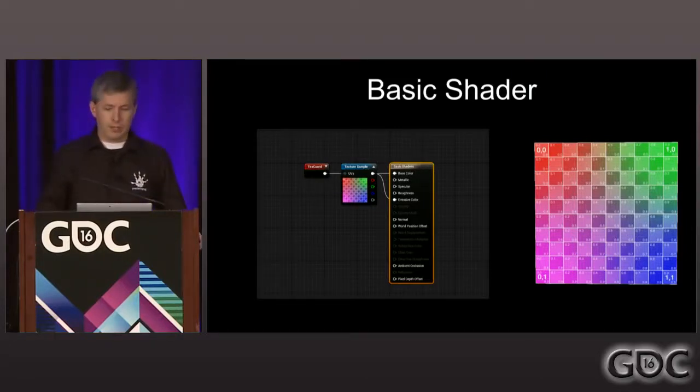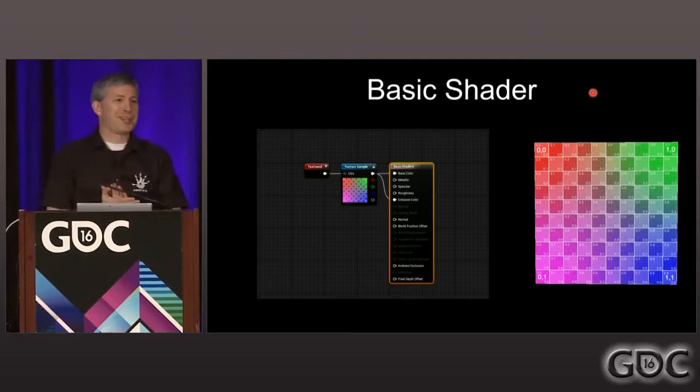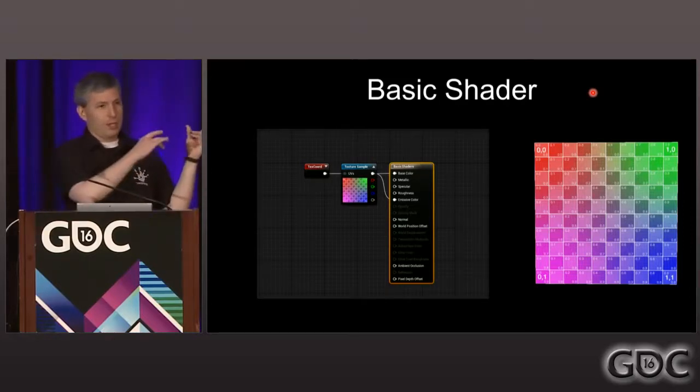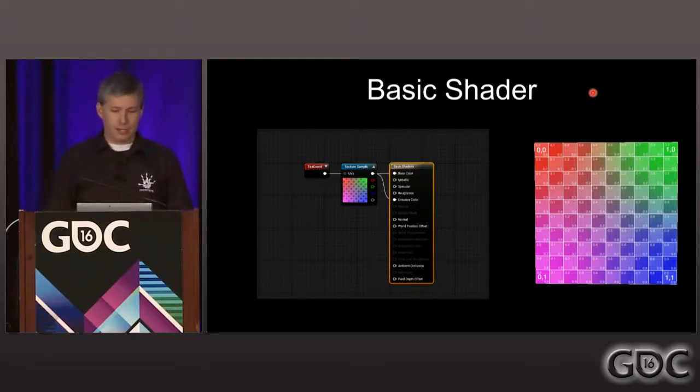And then over here on the right side, this is what you get as your result, just the texture as it is, right? So we're taking our texture coordinates, sampling the texture, and then passing that in as the result.